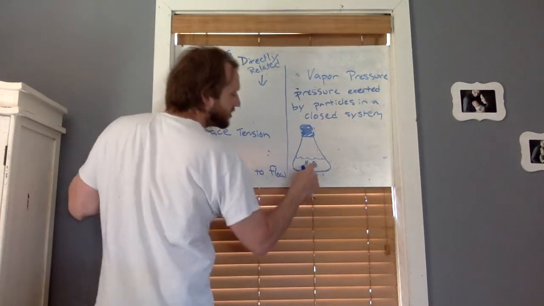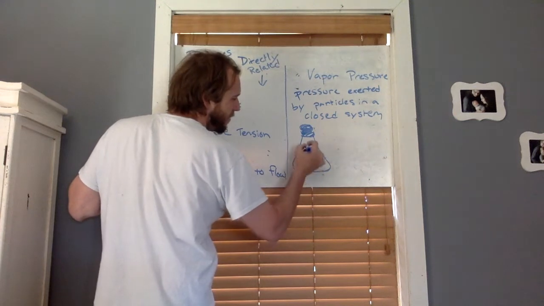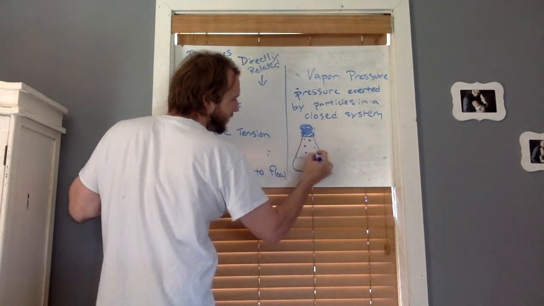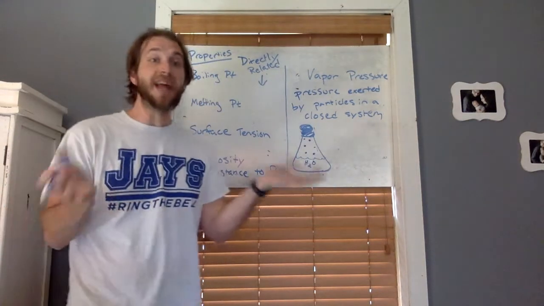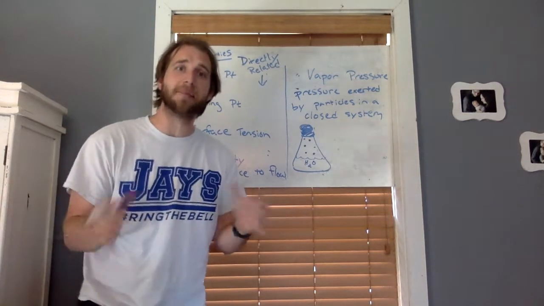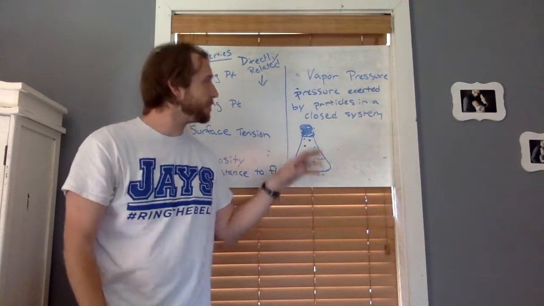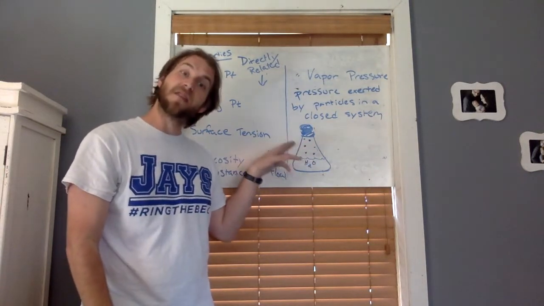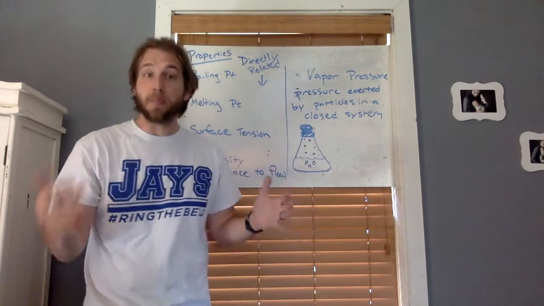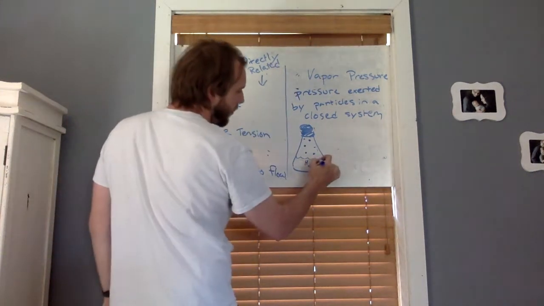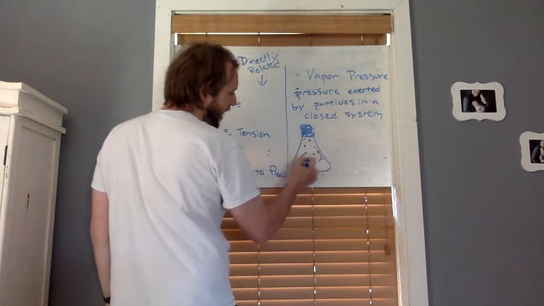Vapor pressure is the pressure exerted by some of these water molecules splitting off and escaping into our chamber. And this just happens. This is a process that happens anytime we have a liquid and we put it in a sealed container. Some of the particles escape. And this pressure we can measure, we call it the vapor pressure. Now eventually you'll reach a point where enough water particles have escaped that if another one escapes, another one pops into the water.